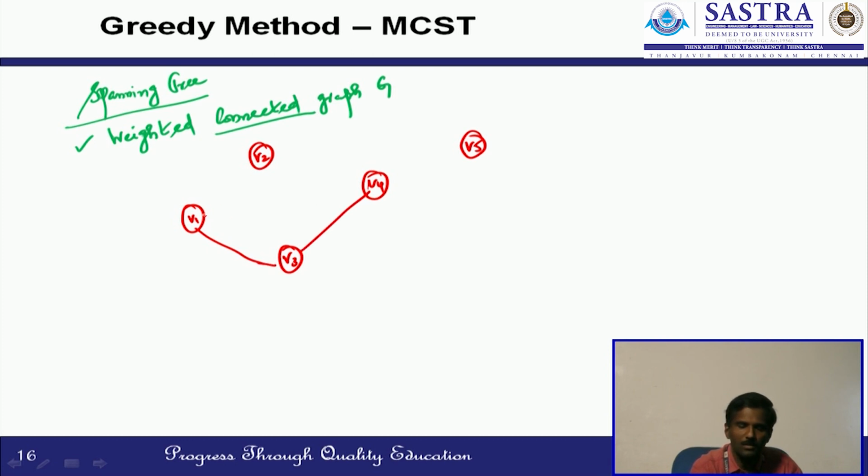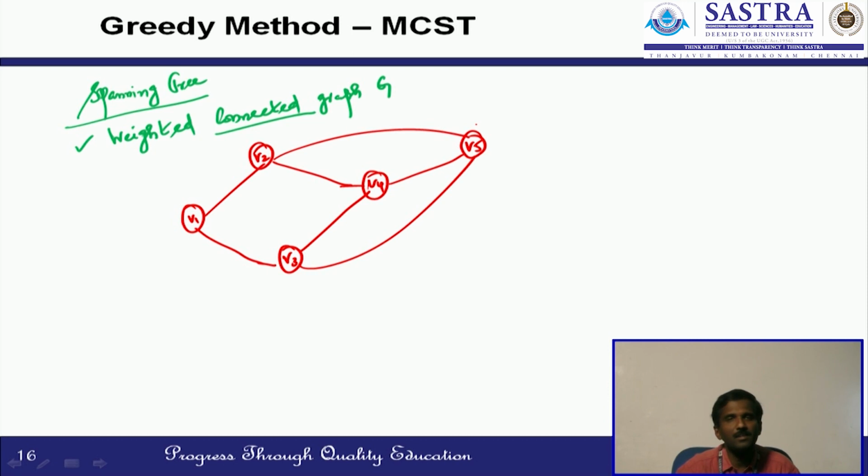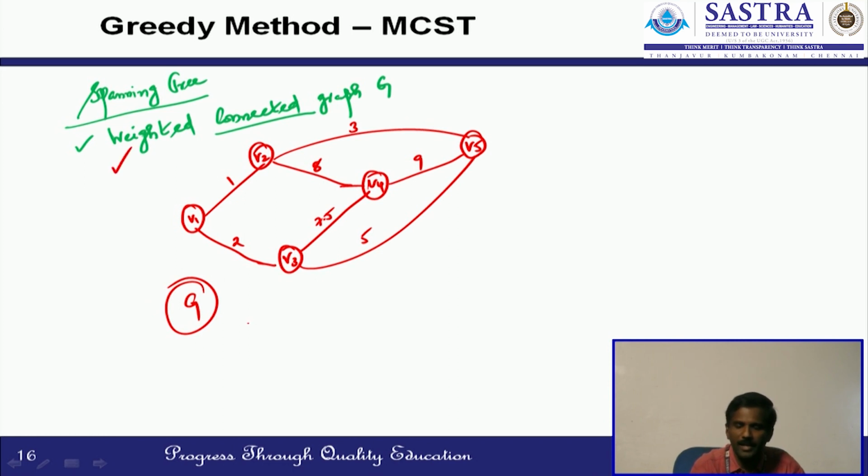Assuming that these are the edges, when these edges are assigned positive real numbers, say 2, 5, 7.5, 8, 1, 3, 9, then the graph G is said to be a weighted connected graph, because each edge is assigned the corresponding edge cost values, real numbers. In this we need to find out what is called a minimum cost spanning tree.